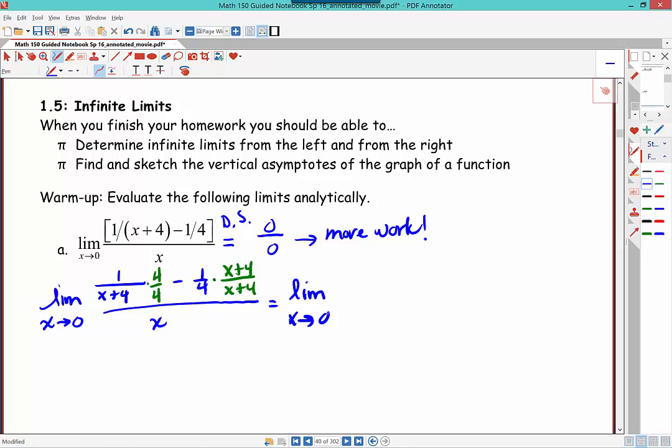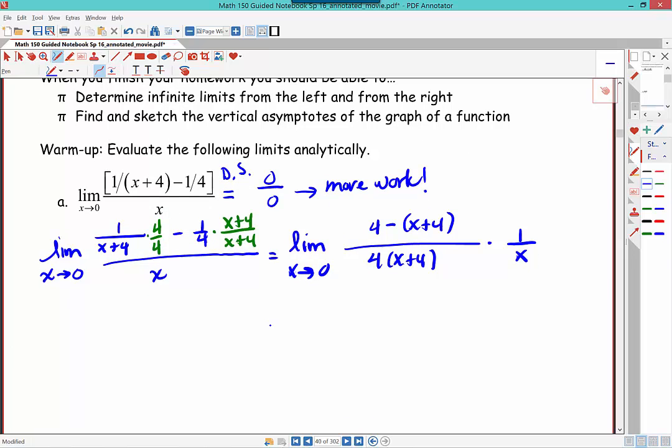Good, when you directly substitute values or use a special limit. So here we go. We will get 4 minus x plus 4, that quantity, all over 4 times quantity x plus 4, and I'm going to multiply by the reciprocal of that denominator.